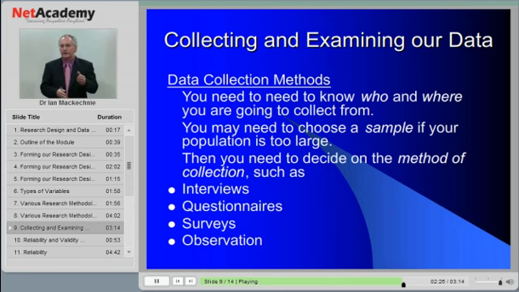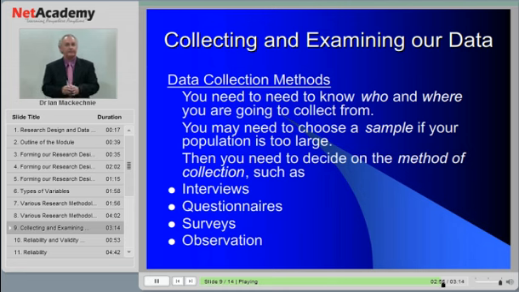Are we going to be able to see and listen to the sort of complaint and see and listen to the way in which the complaint is handled? There are a variety of ways of collecting data, and which one we use will be the one which is appropriate for our research and the sort of data that we need to collect.